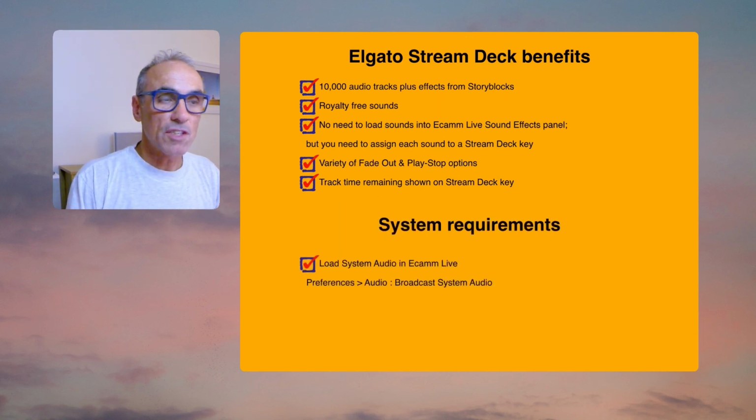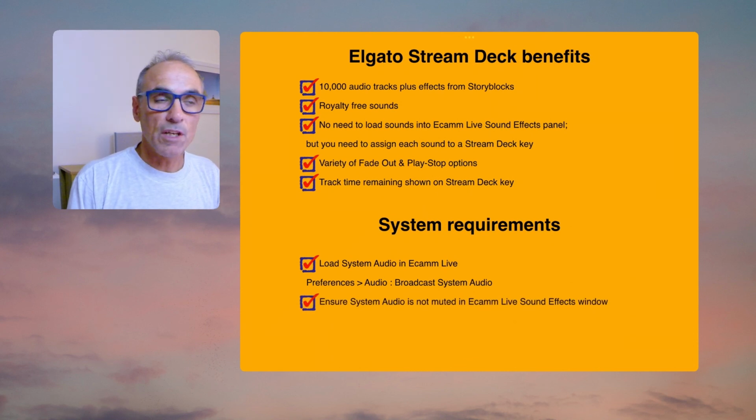System requirements, just going through those again. You need to load system audio into Ecamm Live. You get there by going into Ecamm Live's preferences, into the audio tab, and then broadcast system audio and turn it on there. And you've got a few controls there.